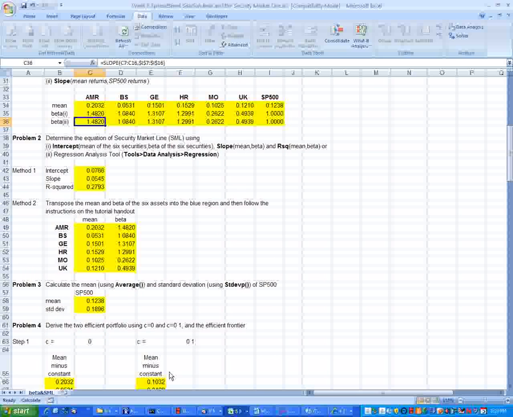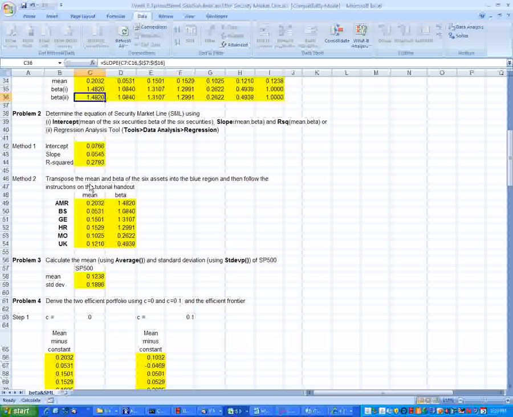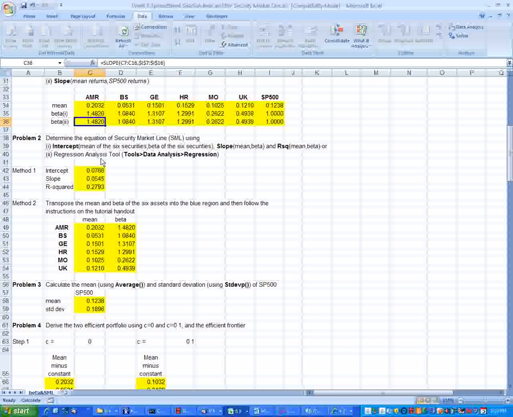In problem 2, what we do is we estimate a regression trying to relate the mean returns of each of these stocks to their betas here. The security market line tells us that there should be a perfect relationship between the two, so let's try and confirm that now.